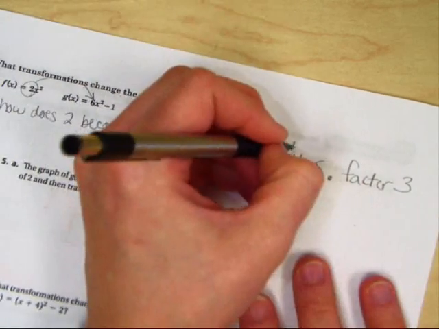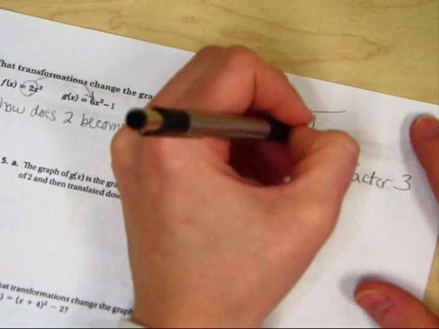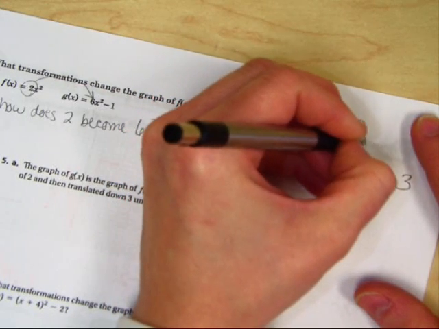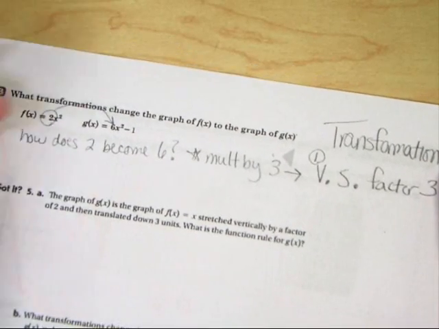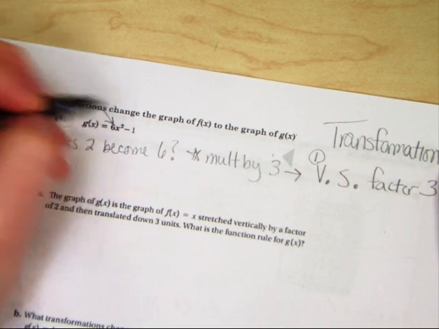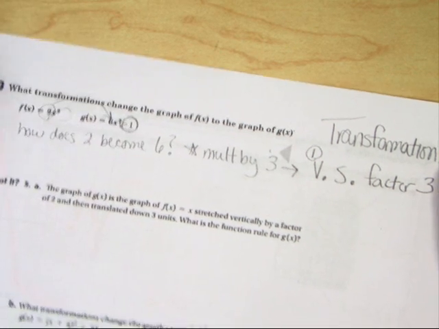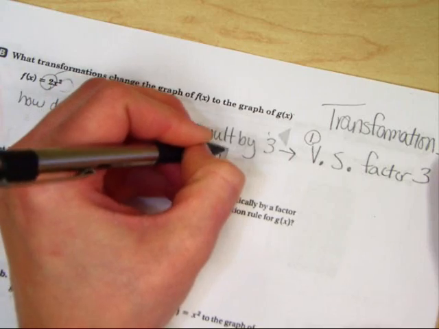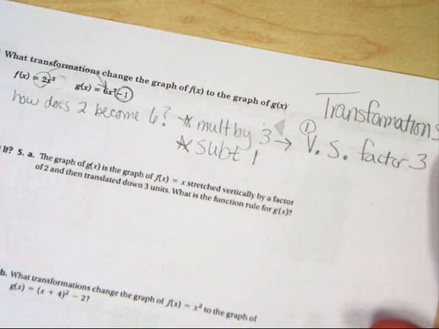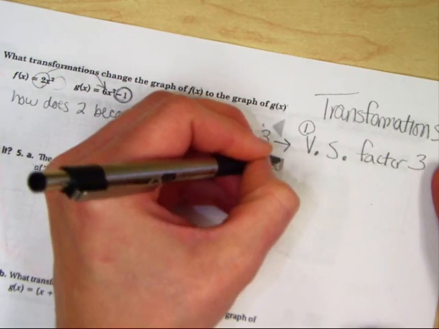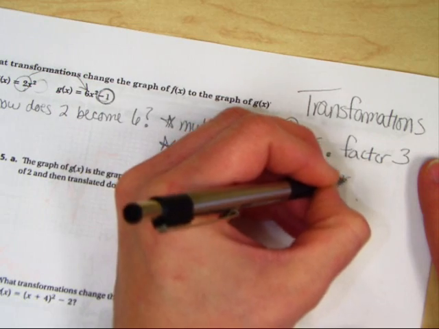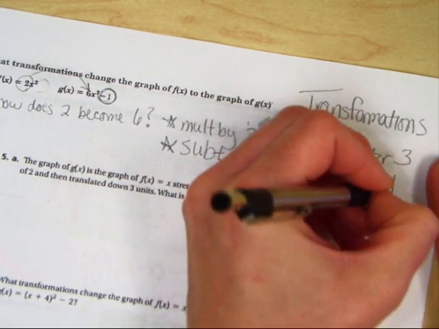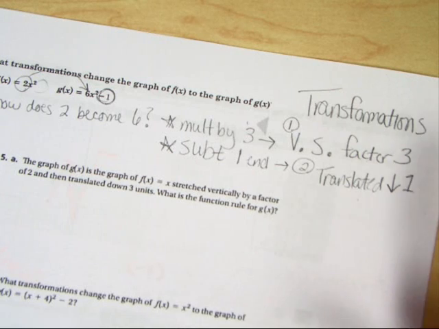So that is one type of transformation. Now, something else I'm going to notice is there was nothing in the back before, but now there's this minus 1. If we subtract 1 at the end, that means, number 2, that it has been translated down 1 unit. So those are the different transformations that it has taken.